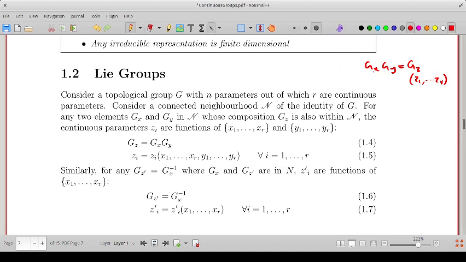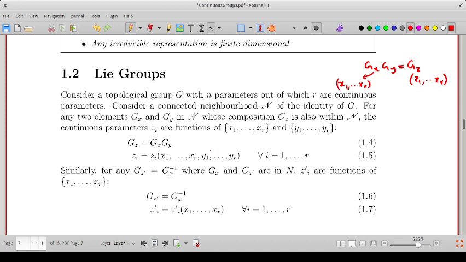And similarly, this set of parameters is given by x1, etc. up to xr, and this one by y1, y2, etc. up to yr. So this composition map, which takes these two elements Gx and Gy to Gz, is actually a mapping between the parameter values x1, x2, etc. up to xr, y1, y2, etc. up to yr, to the parameters z1, z2, etc. up to zr.